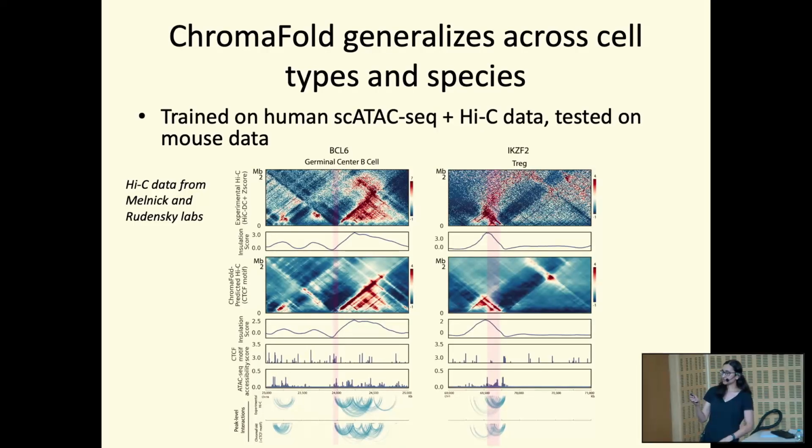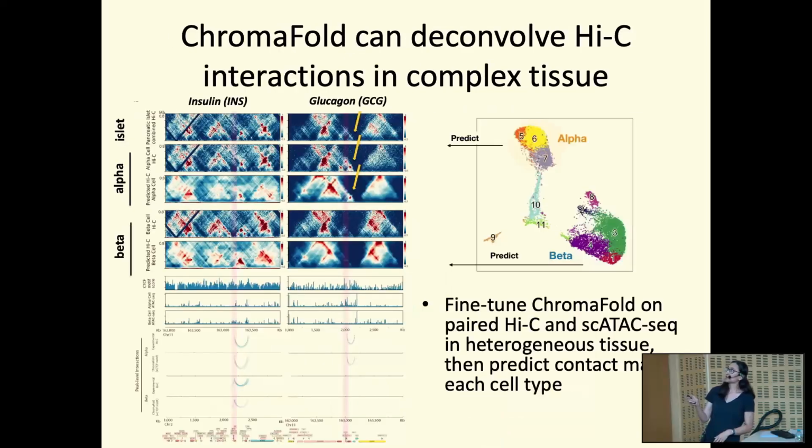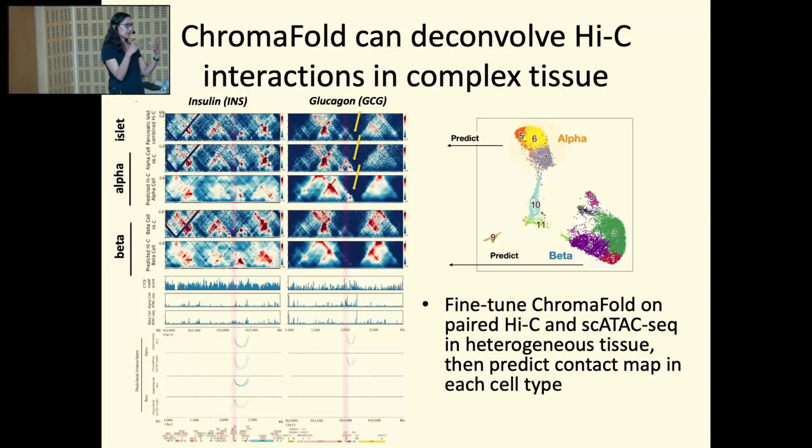One more application. Okay, so suppose you have bulk Hi-C and single-cell ATAC in a complex tissue like pancreatic islets where you have multiple cell types. So what you can do is fine-tune the model with the single-cell ATAC and Hi-C that you have, and then you can make predictions in individual cell types like alpha cells and beta cells, okay?